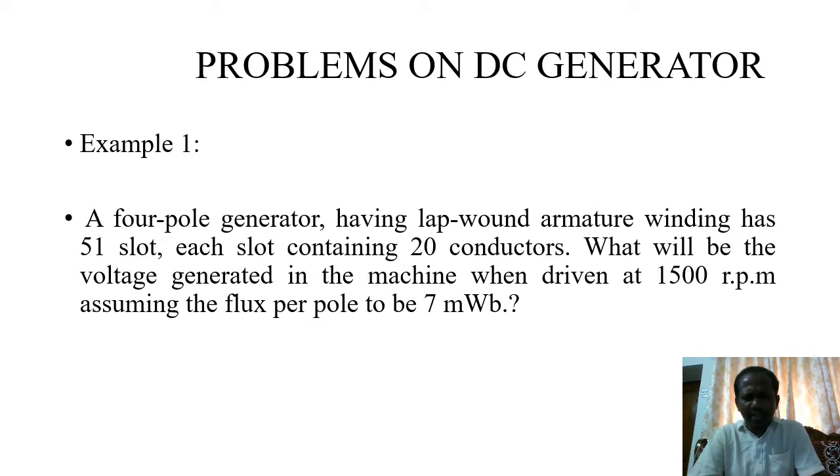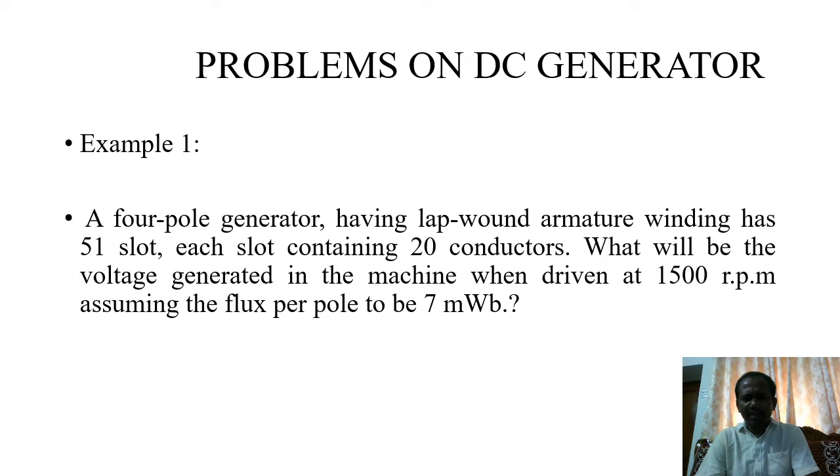What will be the voltage generated in the machine when driven at 1500 rpm, assuming the flux per pole to be 7 milliwebers?